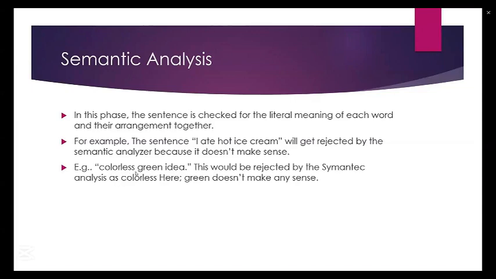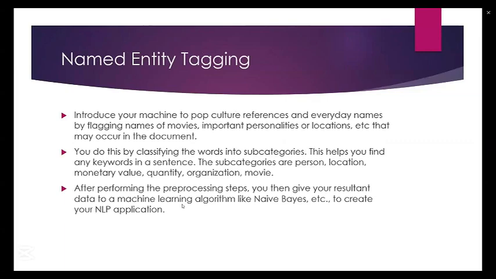So colorless green idea does not make sense. Either it should be a green idea or a colorless idea, right? And I have explained about named entity tagging as well, and I have introduced some examples.